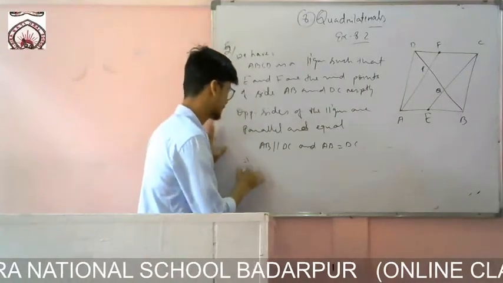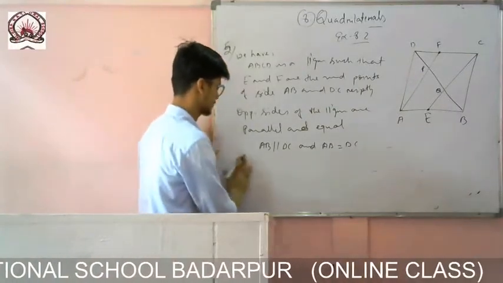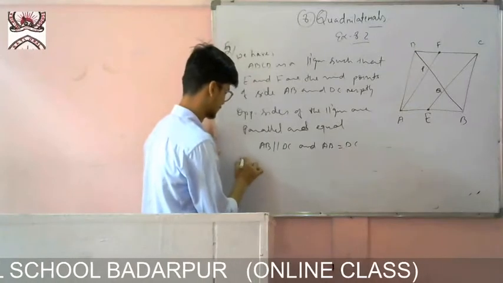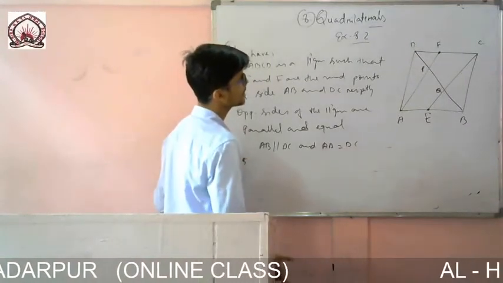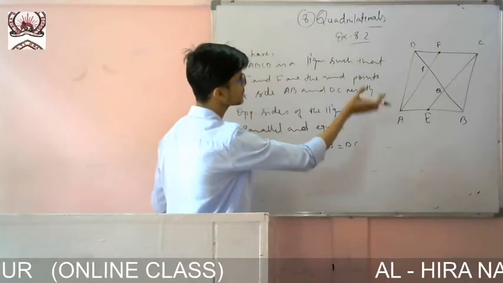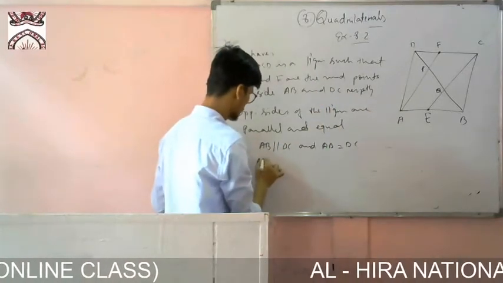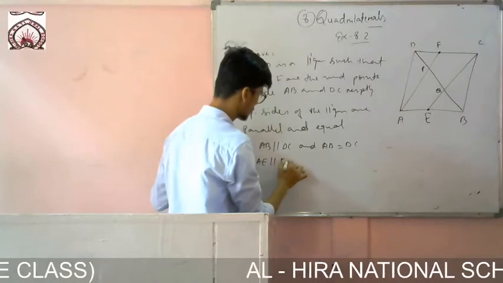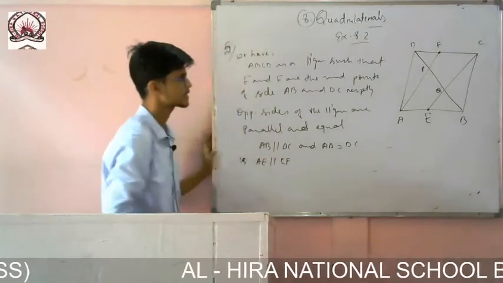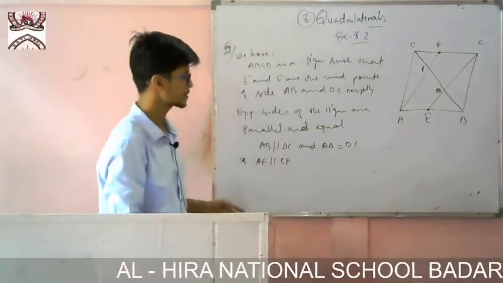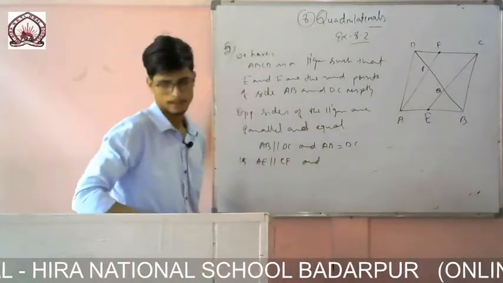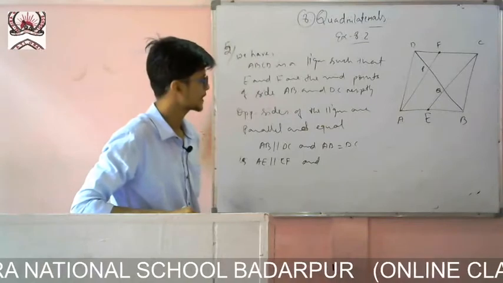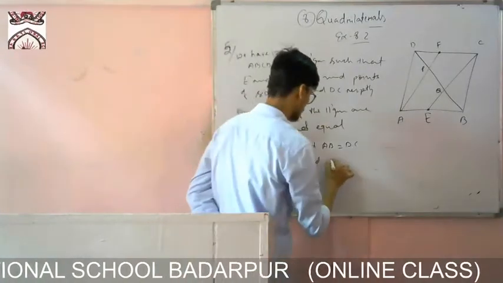So I can write here, AB is parallel to DC. So if AB is parallel to DC, that means AE is parallel to CF also. This is a part of this line. So AE is parallel to CF, and in place of AB I can write half of AB equals half of DC.